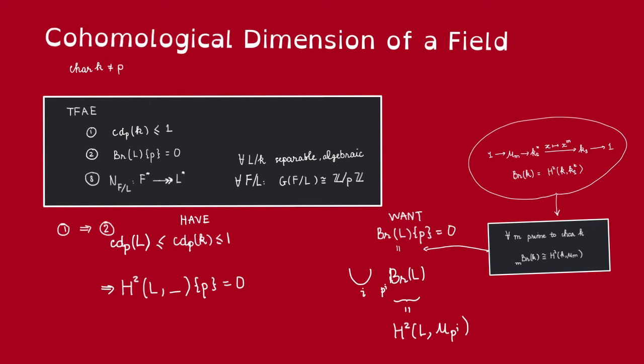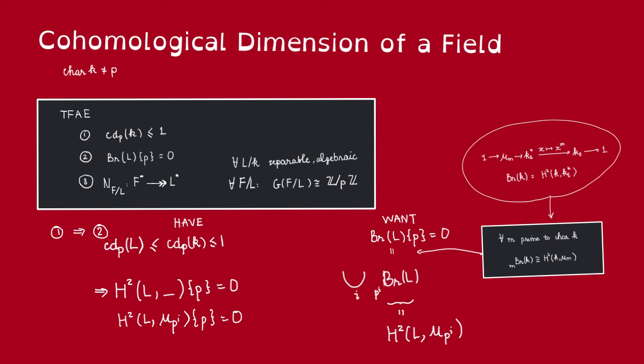So what does that mean? That means, in particular, that the p-primary part of the second cohomology group of L always vanishes. In particular, the cohomology of L with coefficients in the roots of unity of order p to the i should have 0 p-primary part.